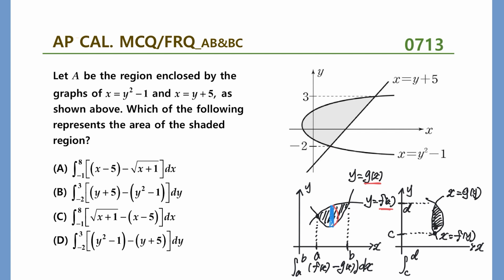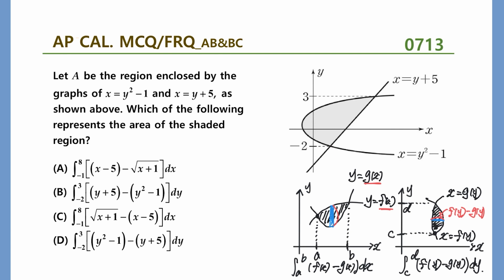We have to subtract the curve on the left from the curve on the right, because this is our height, f of y minus g of y. So the integrand must be f of y minus g of y. That's the height of the rectangle, and dy. That definite integral represents the area of the bounded region.